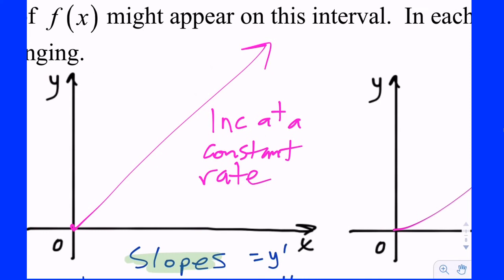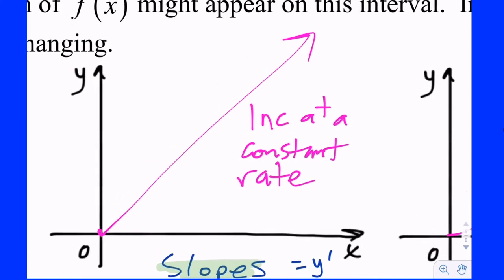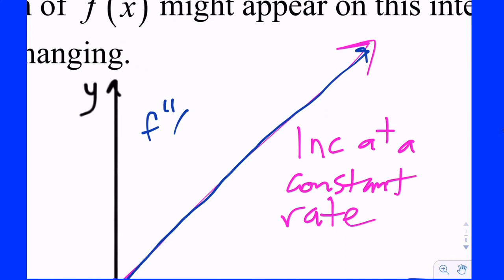Okay, so if we look at the line itself, the slope is its own tangent line everywhere. So what do you think the value of the second derivative is going to be there? 0. Good. f prime is greater than 0, but f double prime is equal to 0.